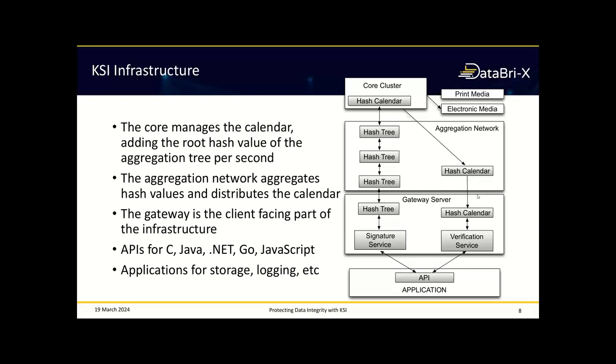When they need to verify integrity of any of the timestamps they have, they don't need to go to the core cluster to ask for the reference. They have the reference cached locally. The client-facing part of this service is what we call a gateway server, which includes a local aggregator and a local copy of the hash calendar. So the client has all of this available on their own premises. Both aggregator networks that we maintain are redundant.